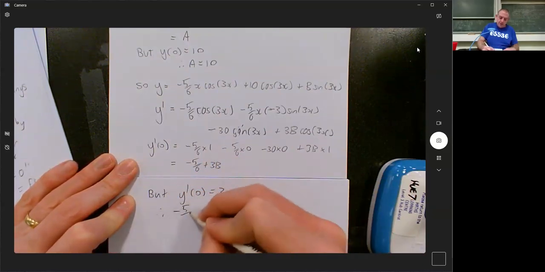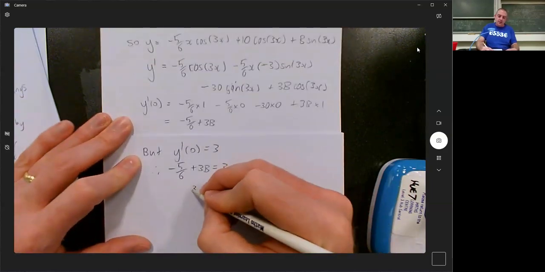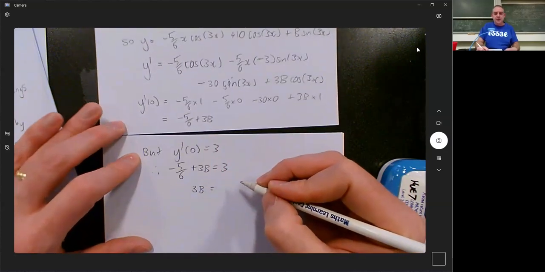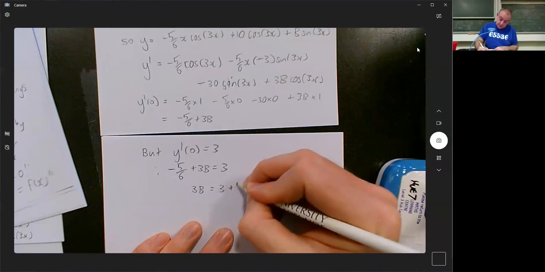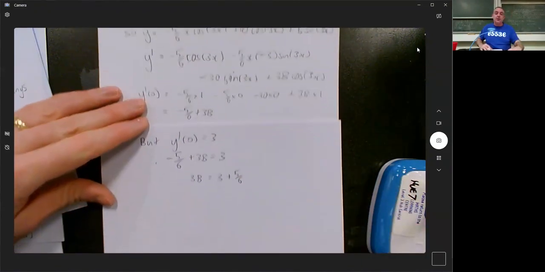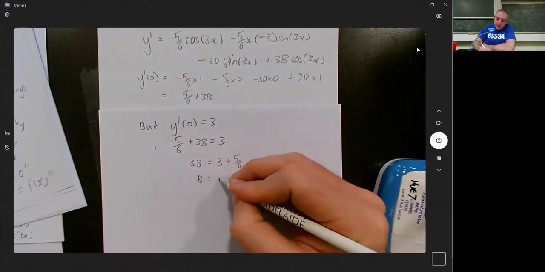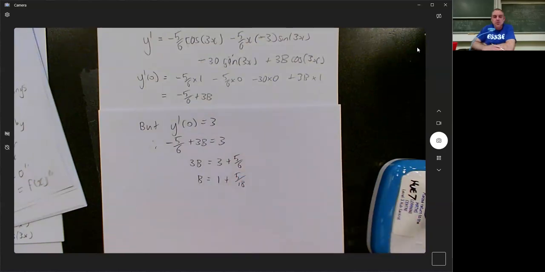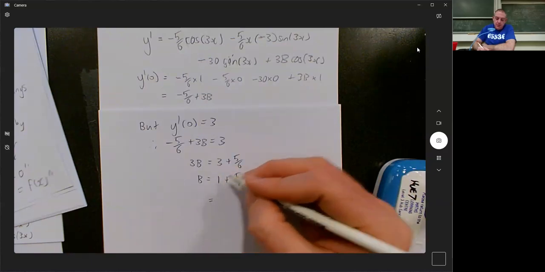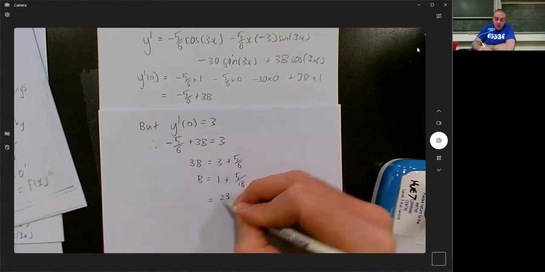So therefore minus 5/6 plus 3b is supposed to be 3, and so 3b is going to be 3 plus 5/6. Wow. I just can't be bothered. And so b is going to be that divided by 3, which will be 1 plus 5/18. I guess 18/18, 18 plus 5 would be 23/18.